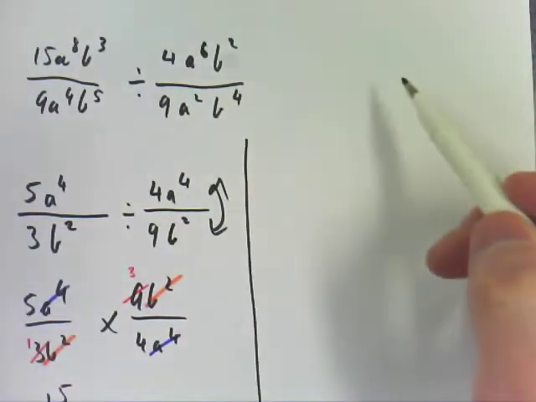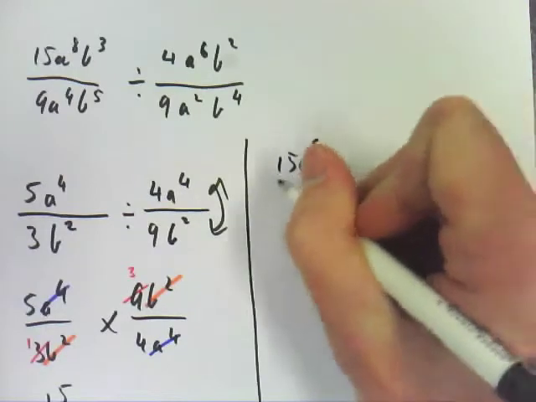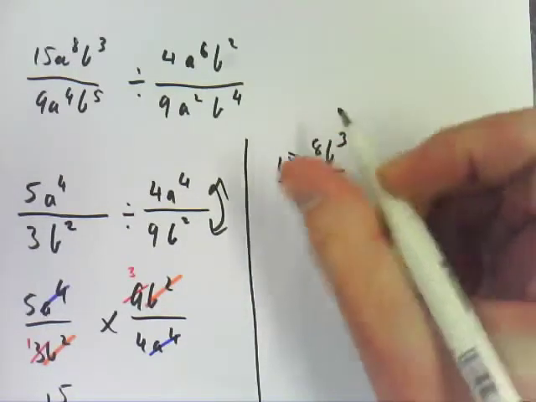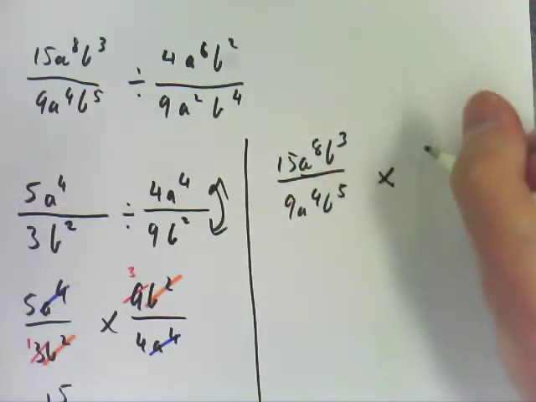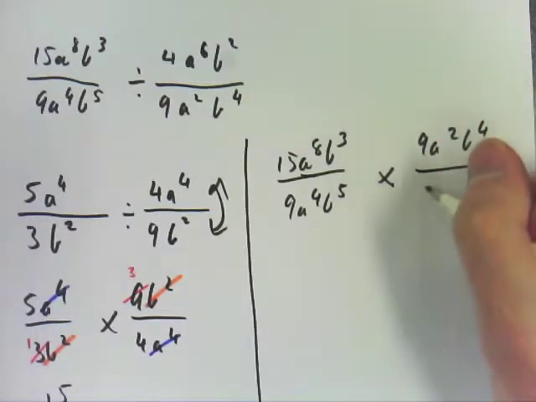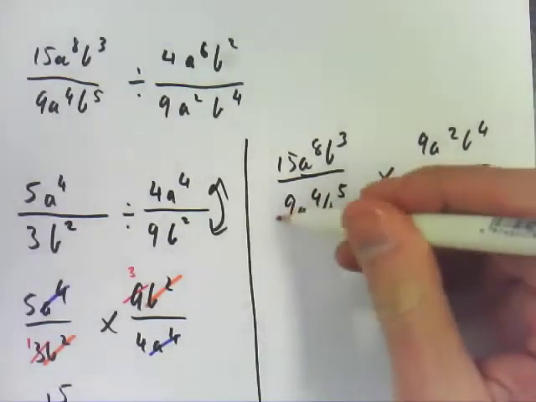Alright, so now I'll show you the second way we could have gone, and that's to do this flip back up the top here and cross cancel straight away. Okay, so if we leave 15a to the 8 b to the 3 divided by 9a to the 4 b to the 5, times 9a squared b to the 4 over 4a to the 6 b squared. Okay, you can actually do some cross cancelling again. So straight away you're going to cross cancel your 9s.